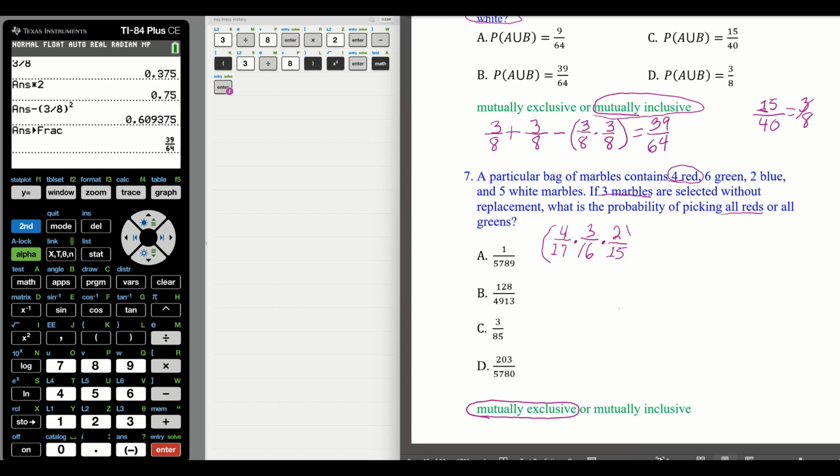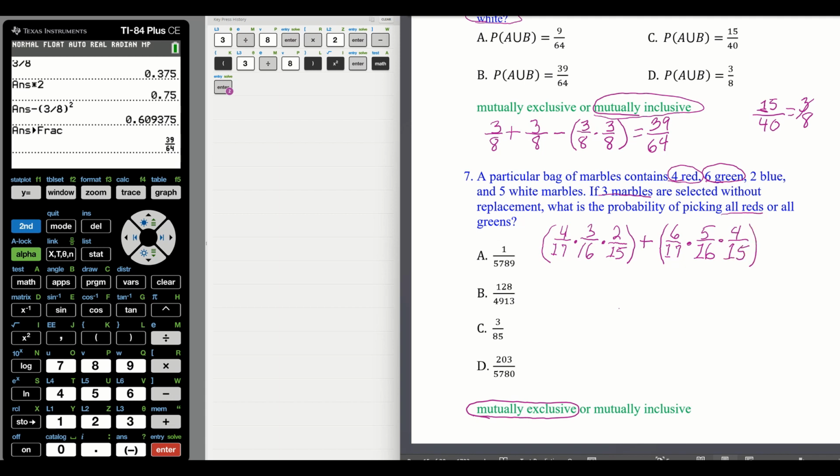Well, this is because we're not replacing the marble. And this is going to happen the exact same way for the event of trying to select a green marble. Okay, but green, we have 6. So that'll be 6 out of 17 times 5 out of 16 times 4 out of 15.